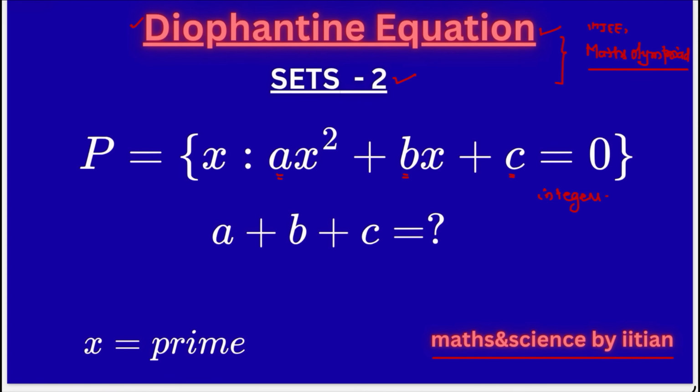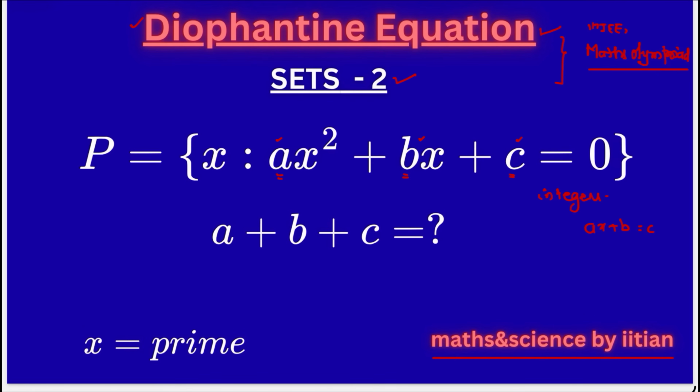Hence, whenever the word Diophantine is used, we have to see that the coefficients a, b, c are integers, polynomial coefficients or linear equation coefficients. It can be ax plus b, then a and b are integers. Here ax square plus bx plus c is equal to 0. That means we have to ensure that a, b, c should be integers.